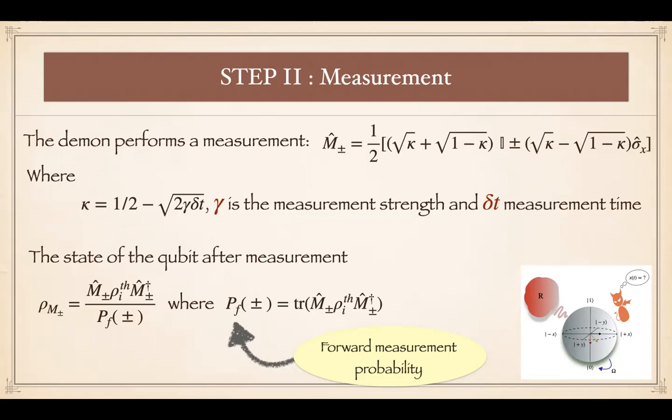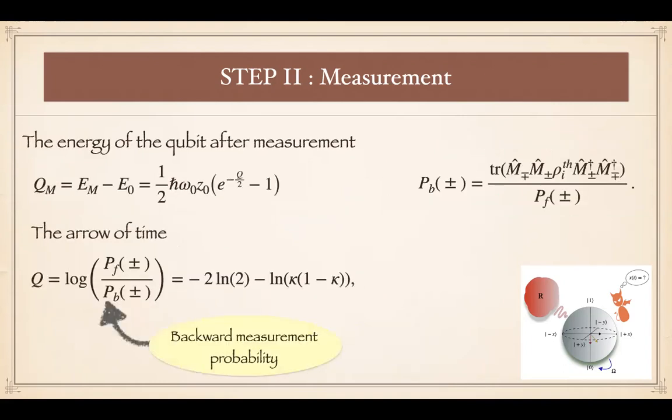So simply, you can write the state of the qubit after measurement as rho m plus minus. It's a very simple expression, which we call the forward measurement probability, because we do the measurement in time delta t. Similarly, we can define a backward measurement probability by doing a time-reverse measurement and trying to see if we get back to the same place or not. Because it's an irreversible measurement, we don't get back to the same place.